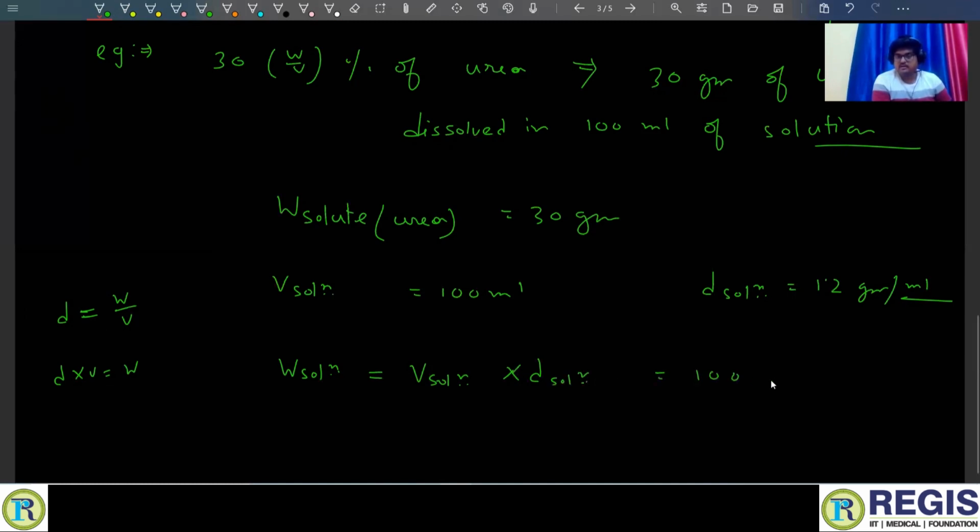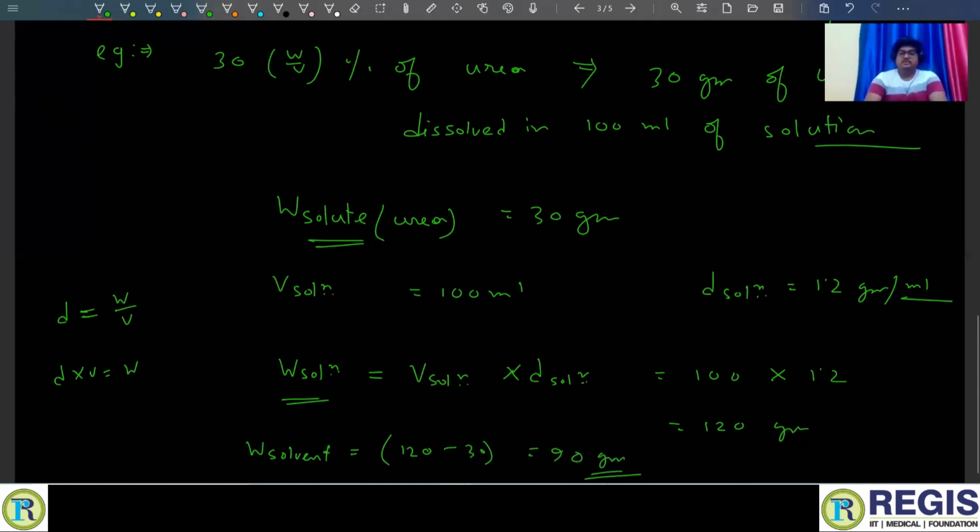Now 100 into 1.2, that means 120 gram. This is the weight of solution. Weight of solute is given 30 gram. Now what is the weight of solvent? Weight of solvent becomes 90 gram. How? 120 minus 30 equals 90.